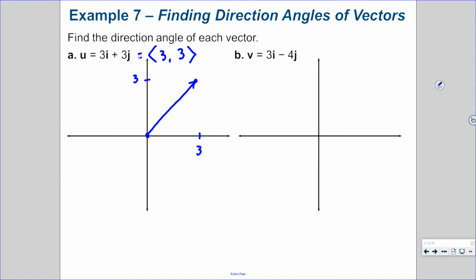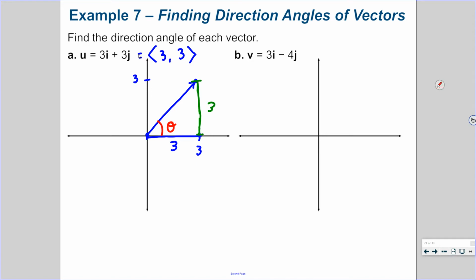They want me to find the direction angle. So remember, it's the angle from the vector to the positive side of the x-axis. So this right here. This is what I was saying, I personally like to draw this, make it a right triangle. I know this horizontal component is 3. I know this vertical component is 3.